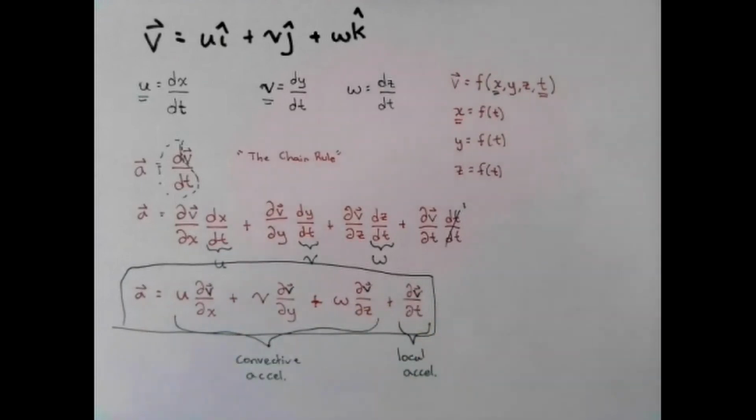And because this derivative is so important in fluid mechanics, we actually give it its own name. So we are going to call this special type of derivative the material derivative. So the material derivative is the derivative of a substance or the property of a substance when that property varies with space and time.